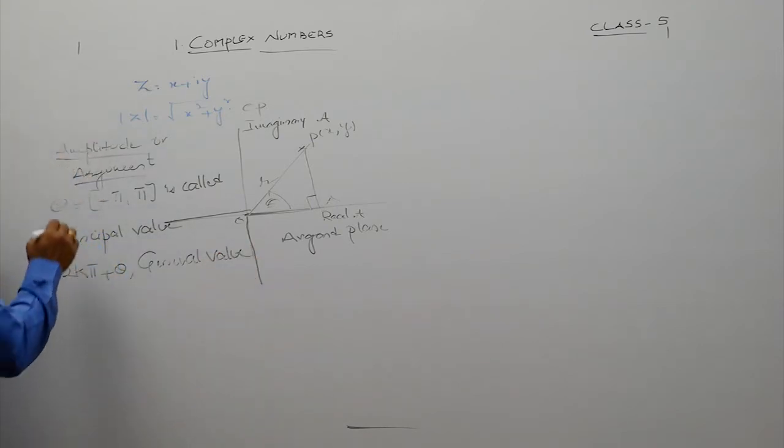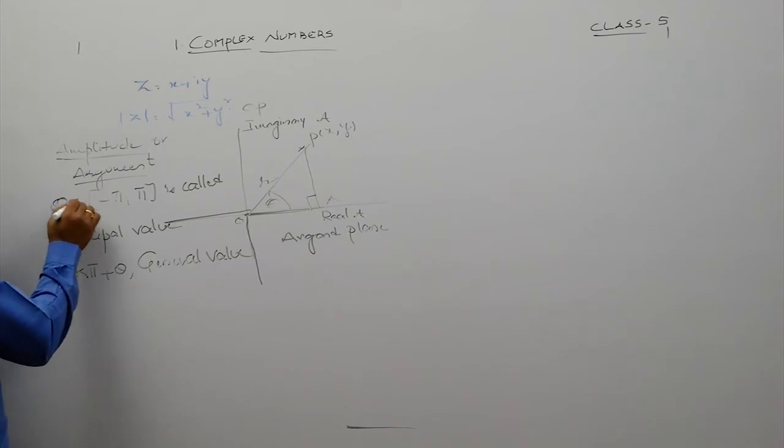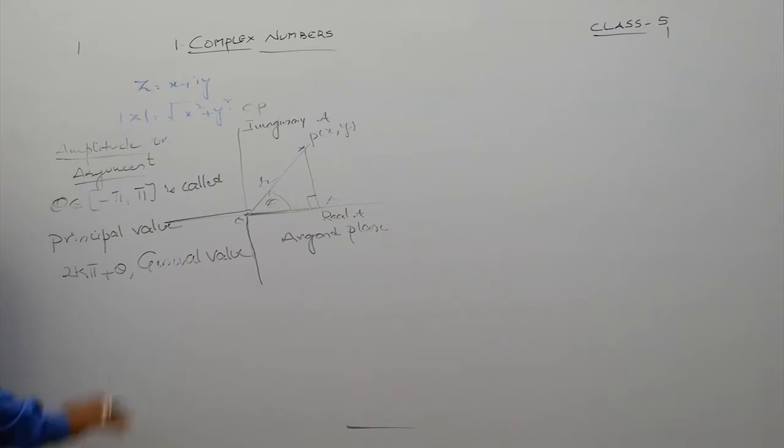And most importantly, you must remember when we are doing here, especially in complex numbers, the theta must lie in between minus pi to pi, and this is called as principal value. And everywhere we consider this principal value, and this general value always gives you a solution of the trigonometric functions.